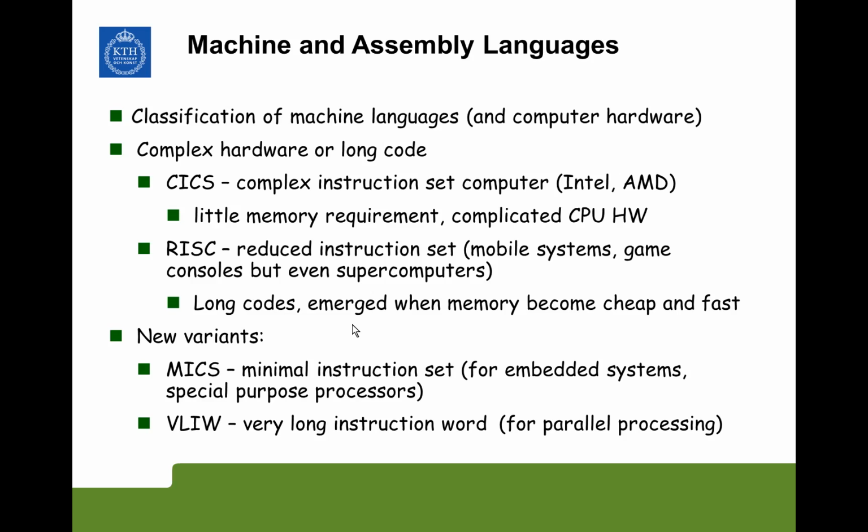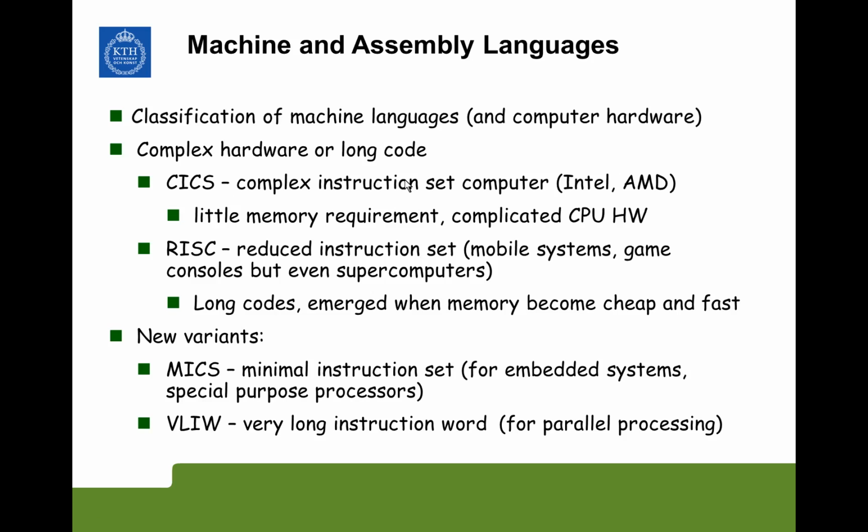Okay, since there are many different machine or assembly languages depending on the computer architecture, we can have some classification of those together with the computer architecture. The most important ones are the complex instruction set architectures and languages, and the reduced instruction set computers and languages. They differ in the set of instructions they use. In complex instruction set architectures, there is a large set of instructions.